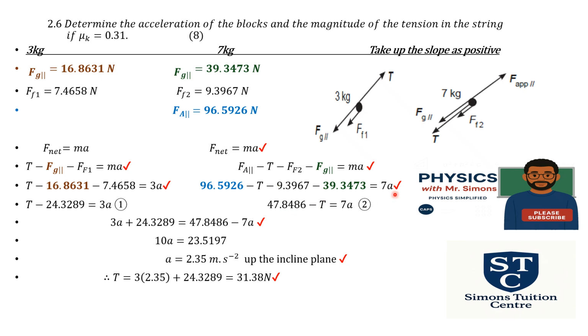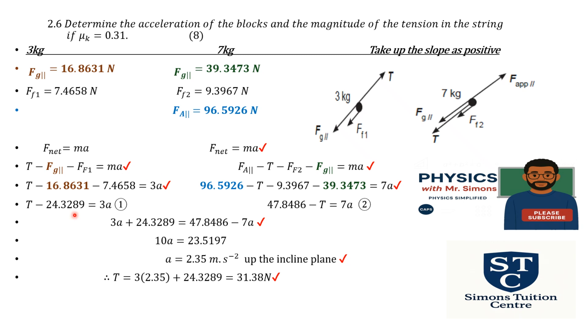If I bring 7A, leave it there, minus T, 7A. So I have equation 1 and equation 2. If I make T the subject of the formula, that becomes 3A plus 24,3289. There, if I take T over and bring 7 over, that reads 47,8486 minus the 7A must equal positive T. So I can equate the two because the tension is the same.